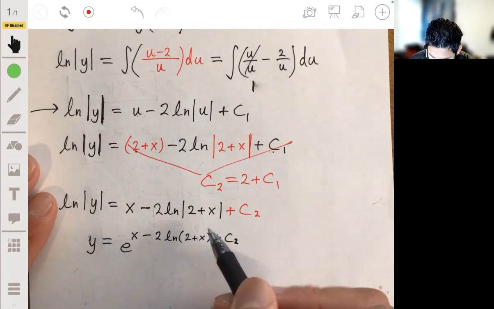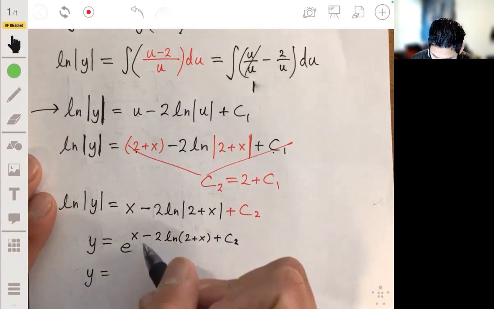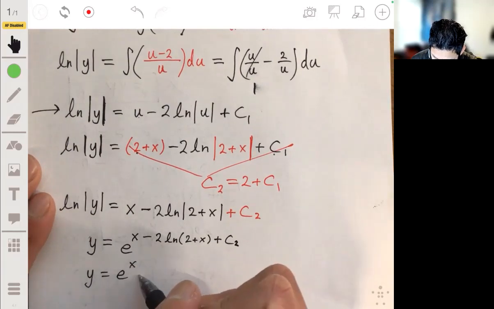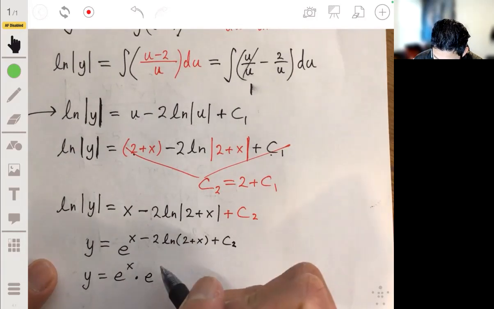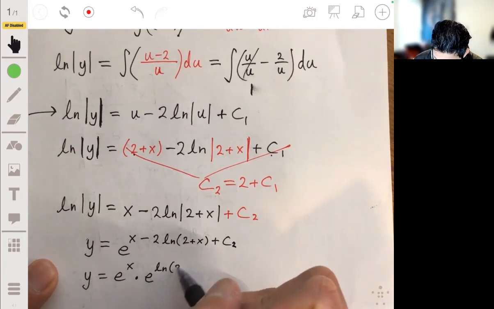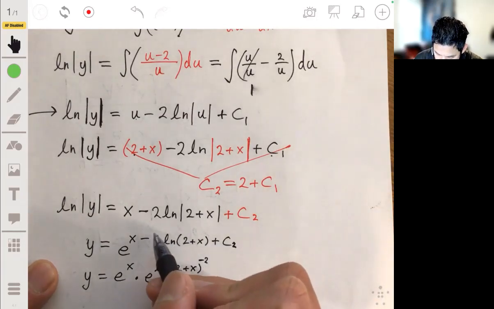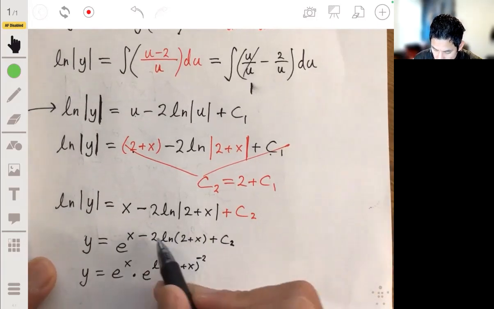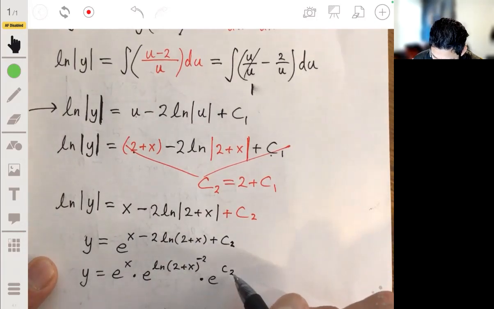And we can rewrite this as e to the x times e to the natural log of 2 plus x to the negative 2, again using this as your exponent and using the sum property, times e to the c2.